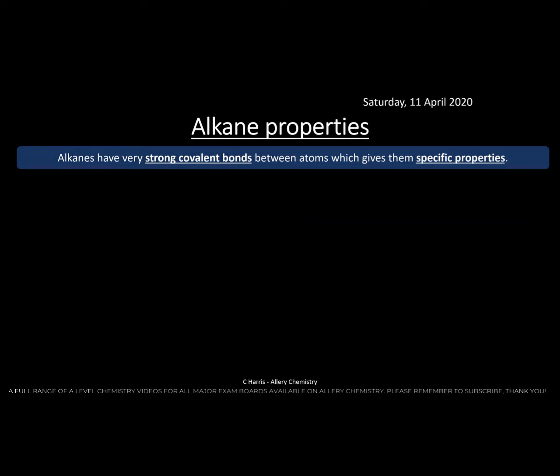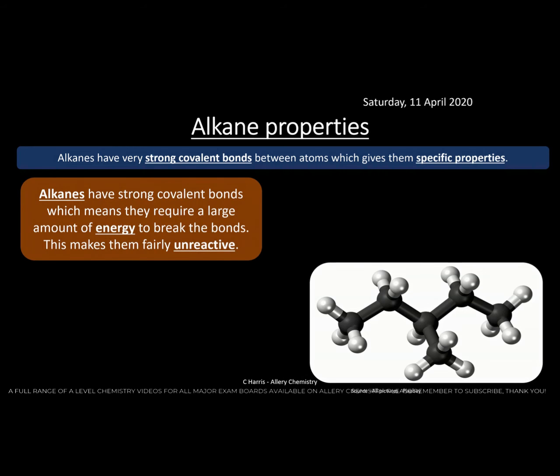Okay, alkanes have strong covalent bonds between the atoms, and that gives them very specific scientific properties. So they have lots of strong covalent bonds, as you can see here. This diagram shows all the different bonds there. It means a lot of energy is required to break them. This makes alkanes fairly unreactive. Some of the hydrocarbons burn easily because they're good fuels.